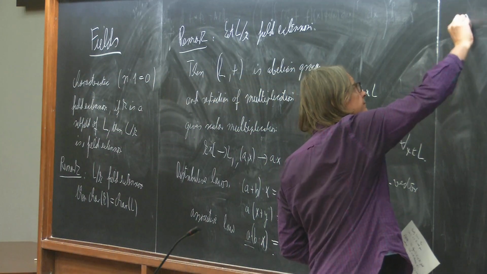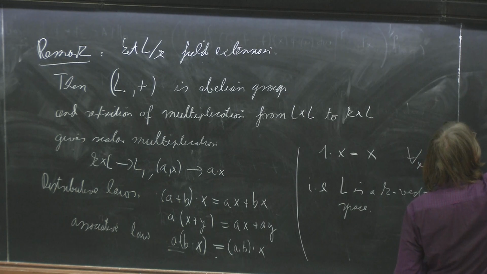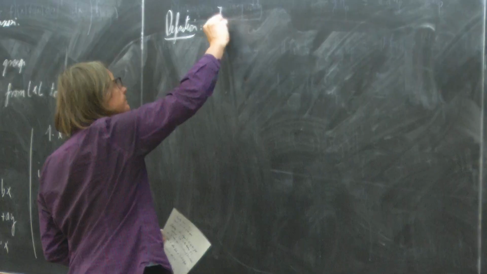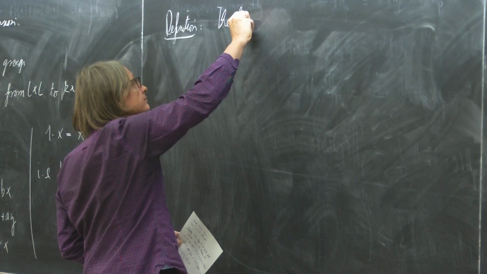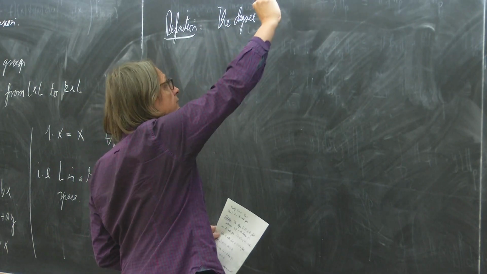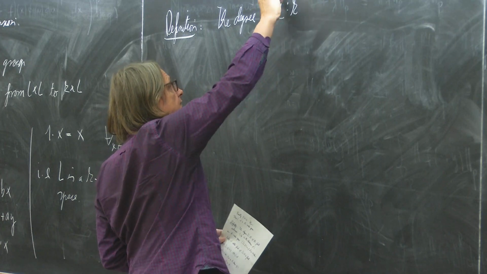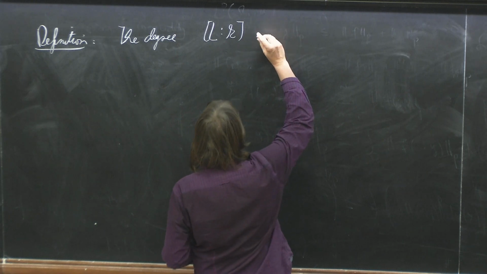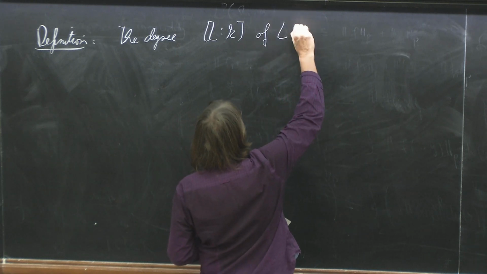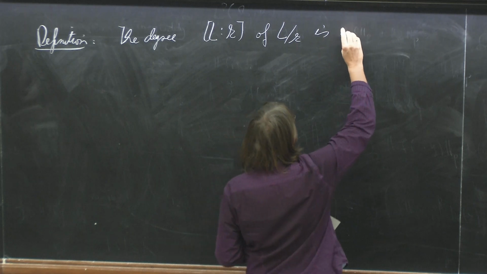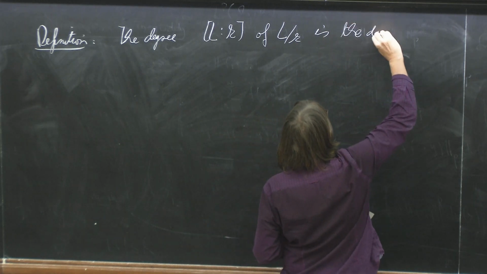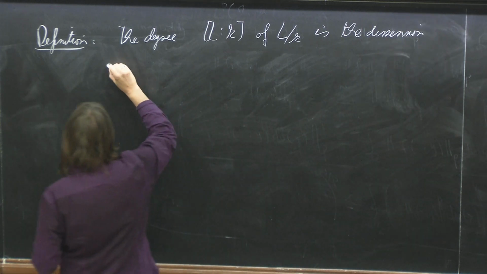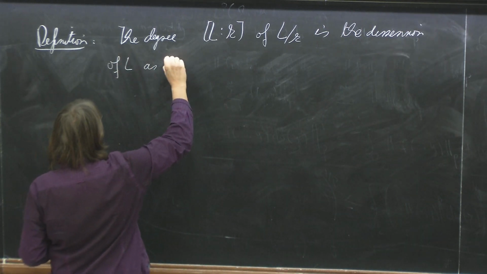So, definition. The degree, which I denote [L:K], like the index of the group, of the field extension L over K, is the dimension of L as K-vector space.